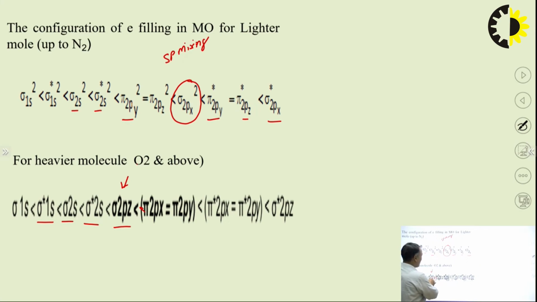Then the electron will come in sigma 2p z 2, then pi 2p x, pi 2p y and pi star 2p x, pi star 2p y and sigma 2p z.